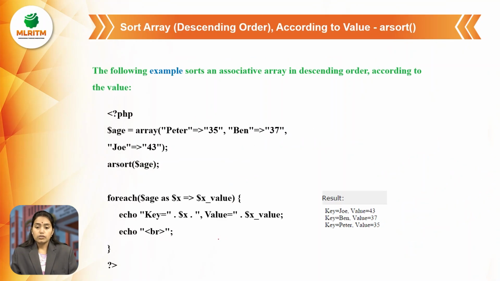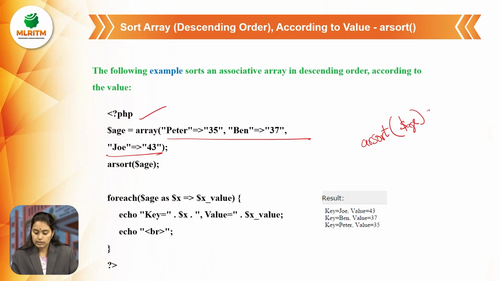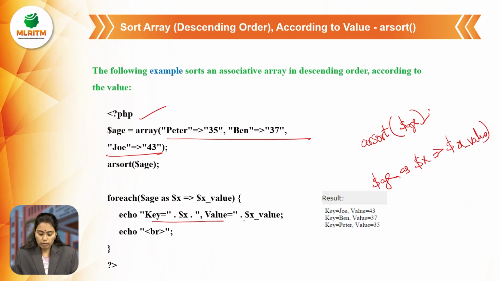Next, sort array in descending order according to the value, arsort. After declaring the array with the key values, arsort of any given array we assign. So foreach $age as $x implies $x value. So here what is the syntax?